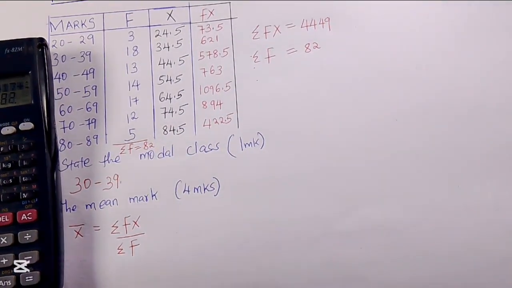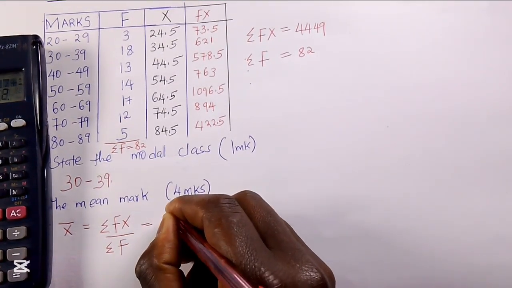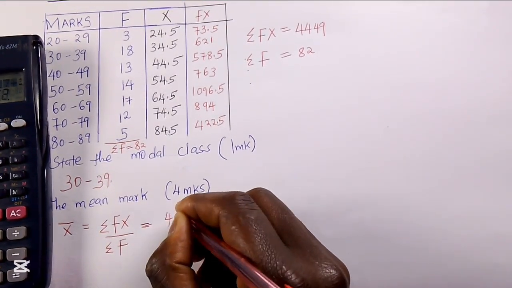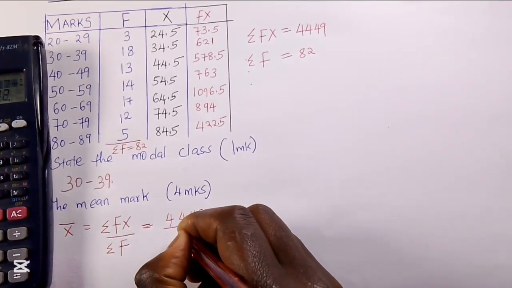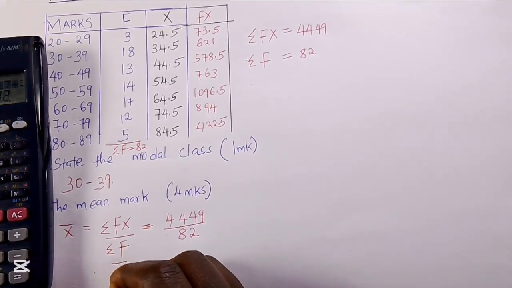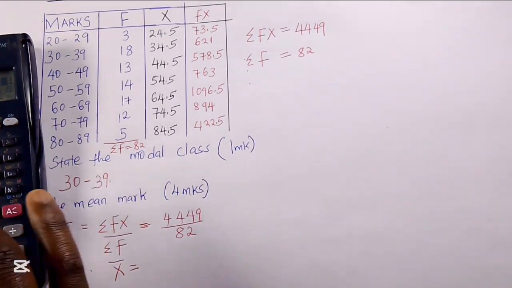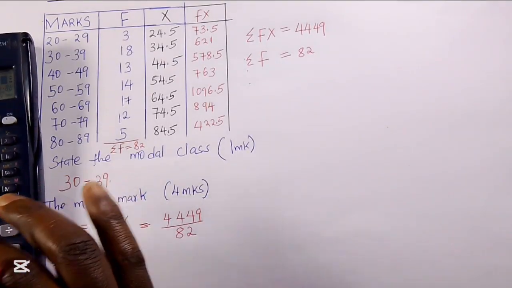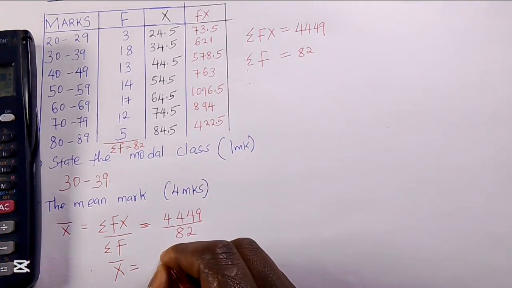So for us to find our mean will now be equal to 4,449 divided by 82, and if we do that, we will get 54.26.